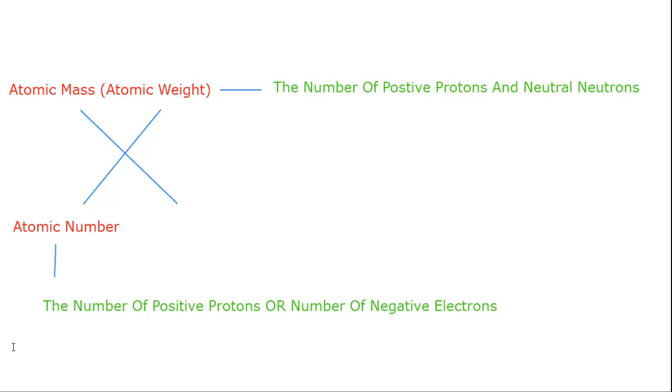Number of neutrons. How can we get it? Make minus from protons. Number of neutrons equal to atomic mass minus atomic number.